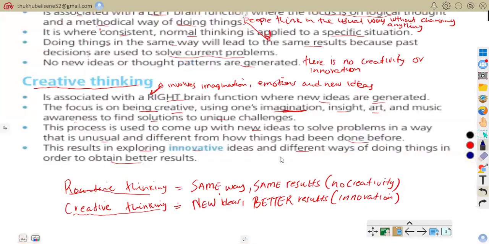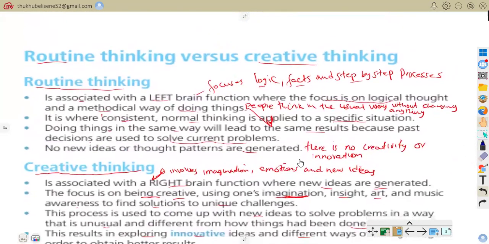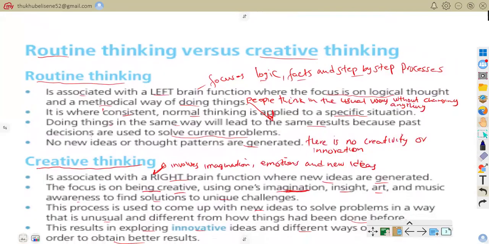So now let us look at routine thinking versus creative thinking. As it says, routine thinking is associated with left brain function, where the focus is on logical thought and methodical way of doing things.